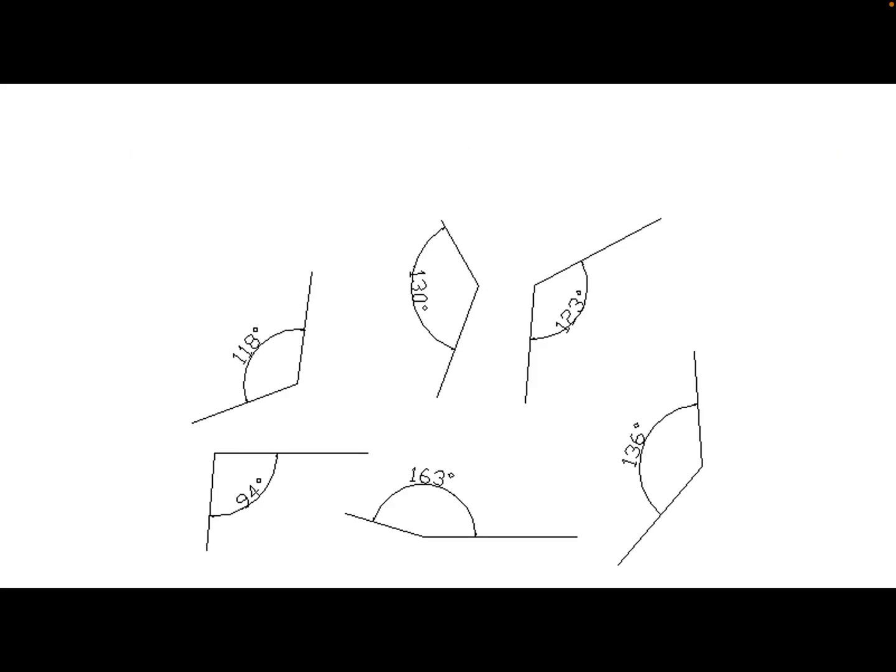Let's have a look at these. These are all a little bit larger. We've got 94, 118, whoops, 130, 123. What do we call these angles? These angles are all obtuse. Now, when someone is being obtuse, they are being difficult.